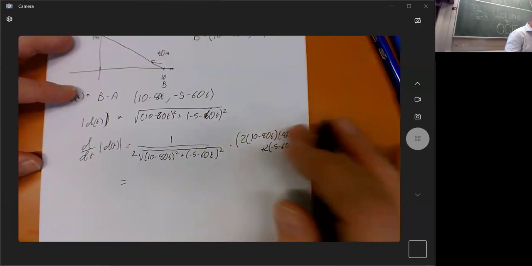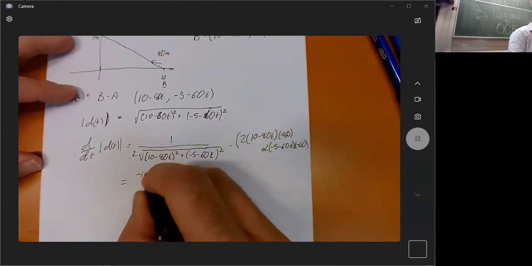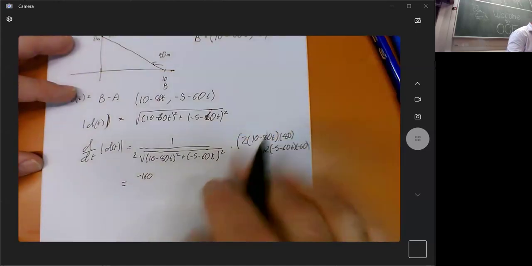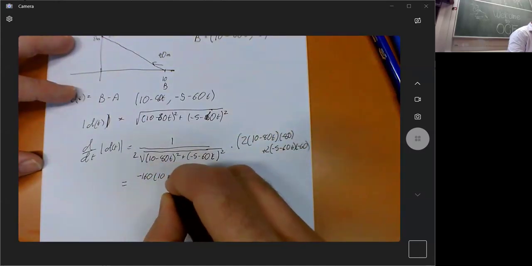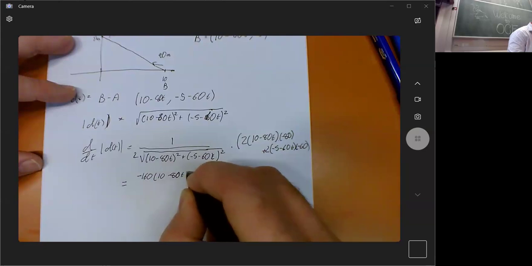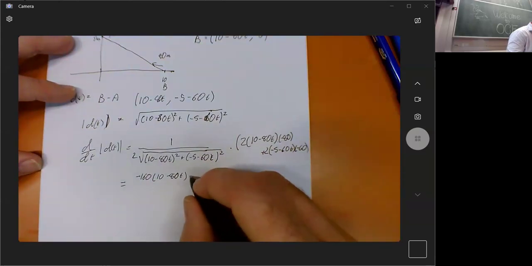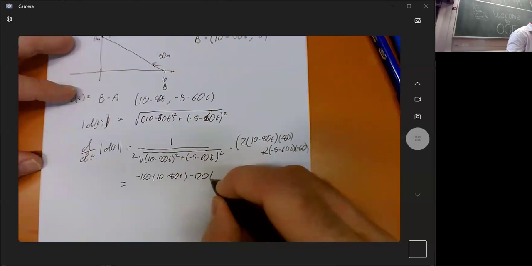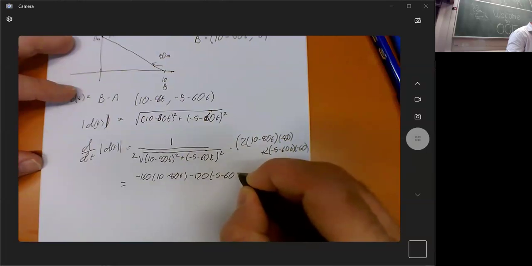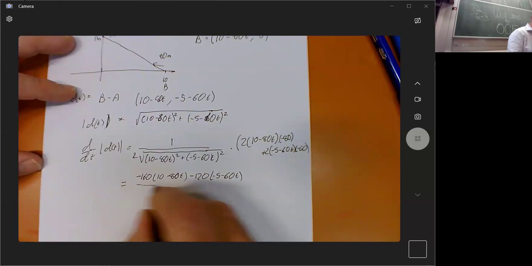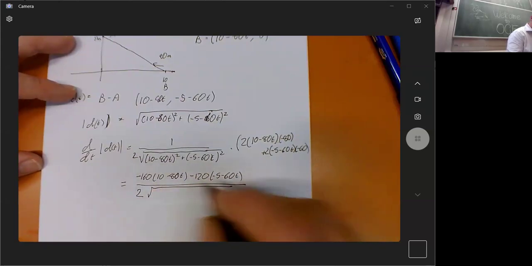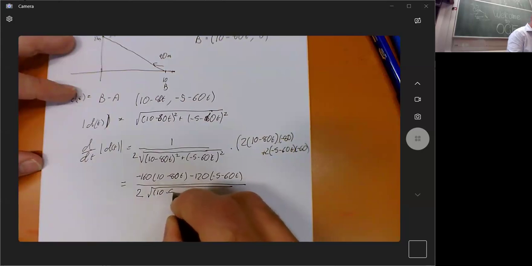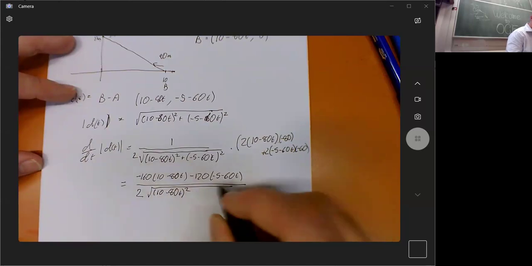So I'm going to have minus 160 times 10 minus 80t, minus 120 times minus 5 minus 60t, all on 2 times the square root of 10 minus 80t all squared, plus minus 5 minus 60t all squared.